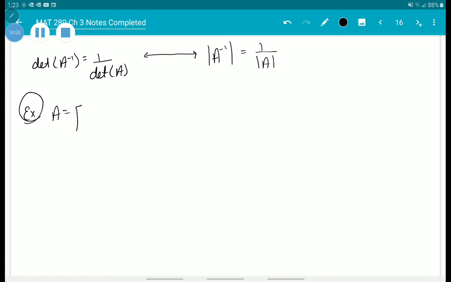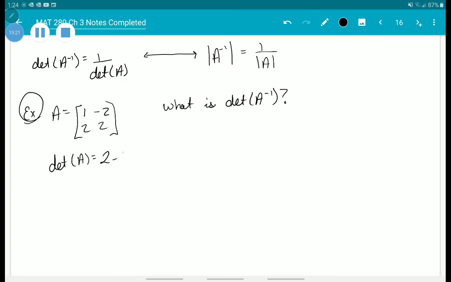Let's say we have the matrix 1, negative 2, 2, 2. And we want to know what is the determinant of A inverse. Well, we don't have the inverse of this, but we can find the determinant of A. So the determinant of A in this case is going to be 2 minus negative 4, which is 6.